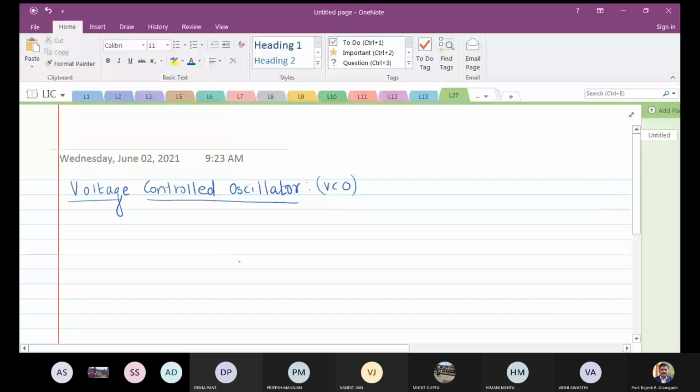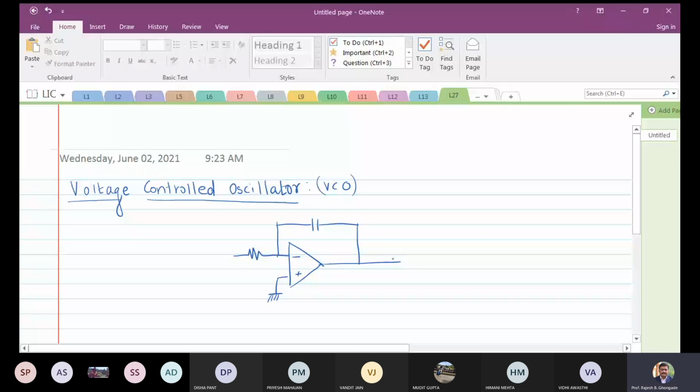We have our voltage controlled oscillator as it is. So let me draw the figure for you. Then we have the Schmitt trigger. This we have seen yesterday.